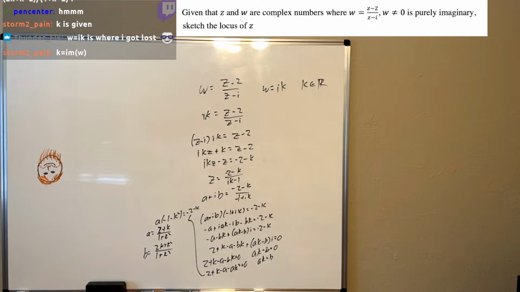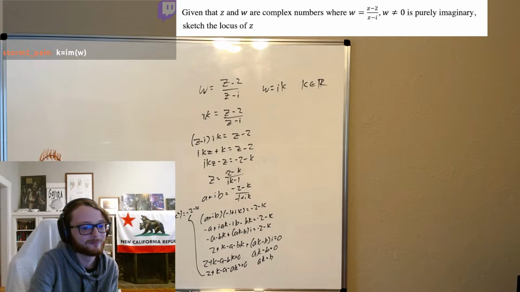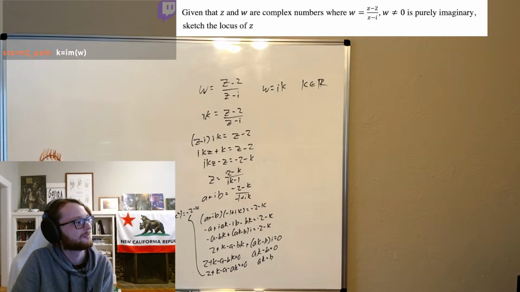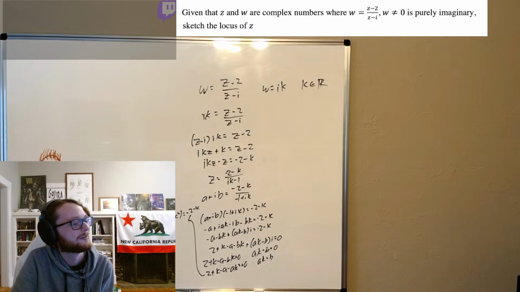K is imaginary. W equals IK. That's because W is purely imaginary. That's why we have that. So we arbitrarily named what W should be. So what is the locus? I guess.